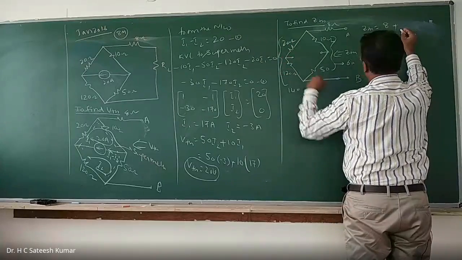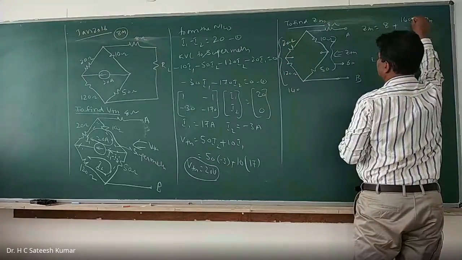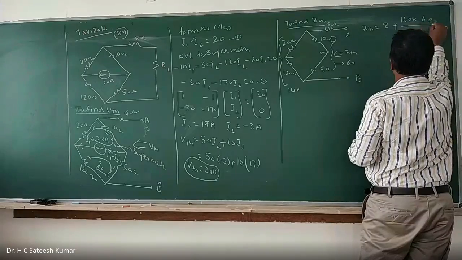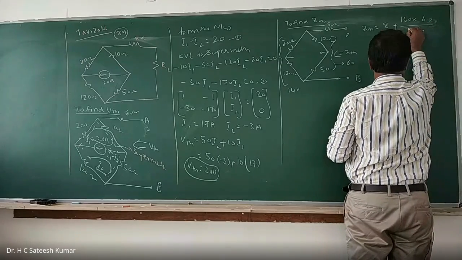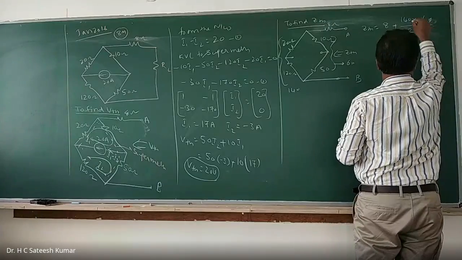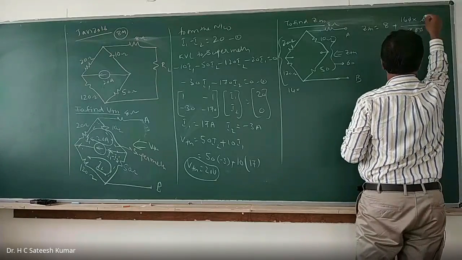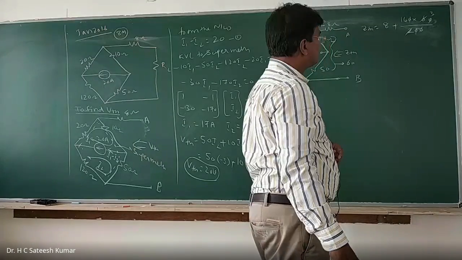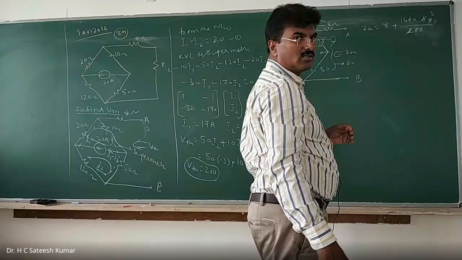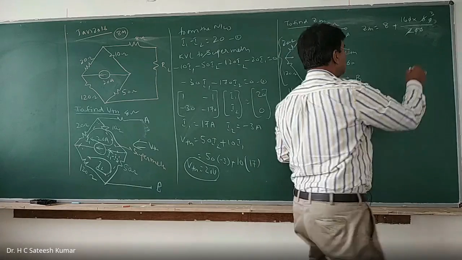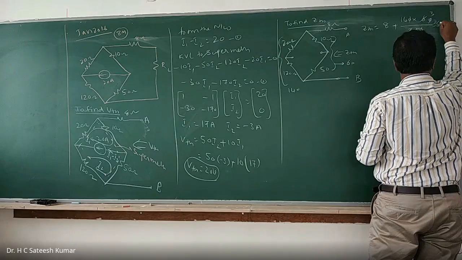This and this is 140. 140 into 60 divided by 140 plus 60, 200. 200, this 0, this 0, this 0, this 0. This is 3 times 14 into 3, plus 8. How much? 50, yeah. ZTH is 50 ohms.